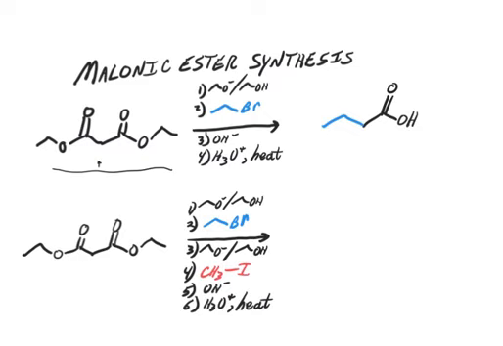We're going to hydrolyze and heat it up to do the decarboxylation, and the product is going to look like this. So we'll have our acetic acid, the ethyl group that is on here, and then in red I'll just draw the methyl group that's going to be attached to it. So it's a good way of making substituted carboxylic acid.